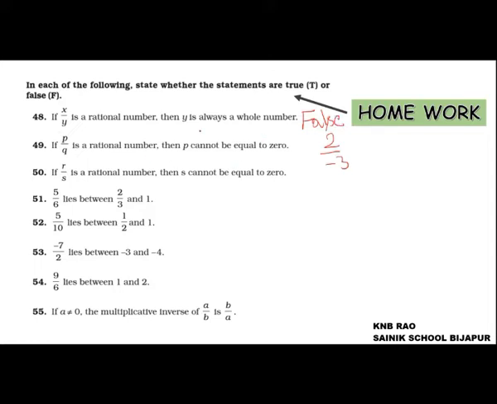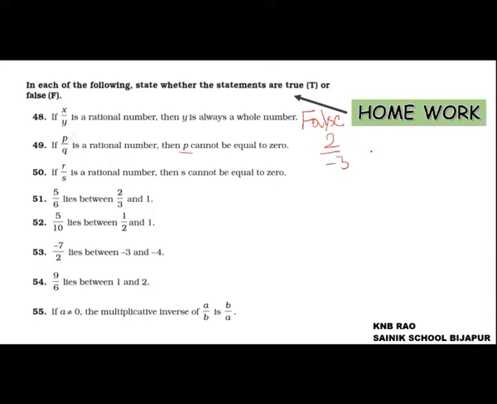Next, in the 49th, they gave a statement that if p by q is a rational number, then p cannot be equal to 0. Here in this rational number p by q, p is called the numerator.